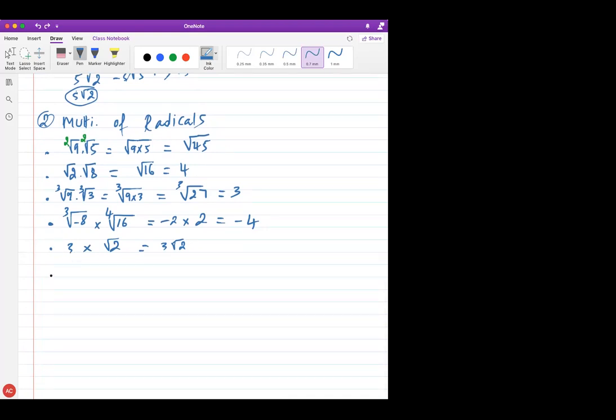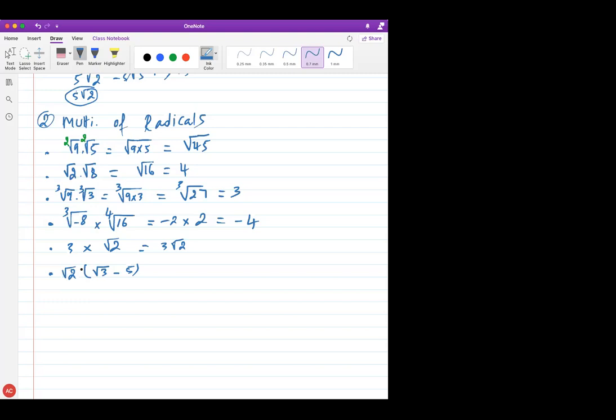Now let's see if we can combine these all together, for example, like this: radical 2 times radical 3 minus 5. So we have a distribution here. Just like we distribute algebraic expressions, we can distribute this.